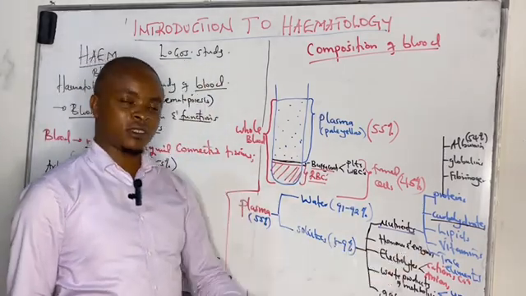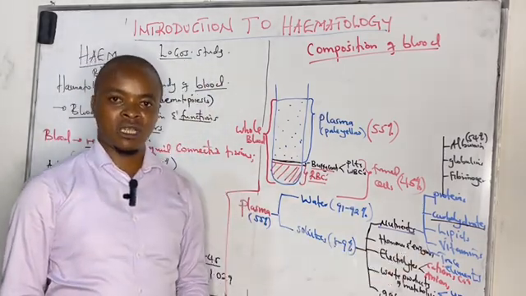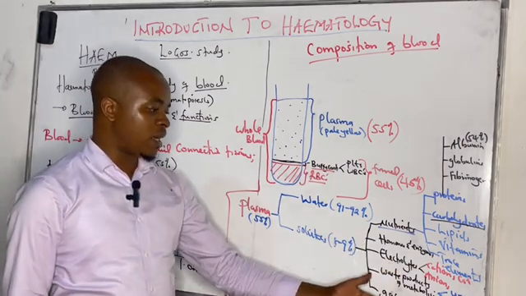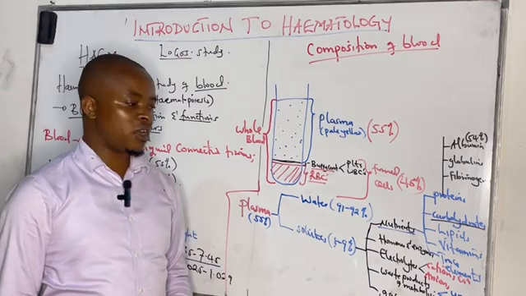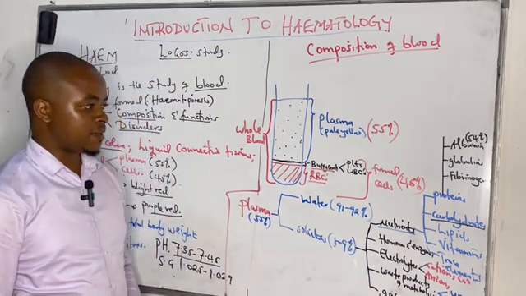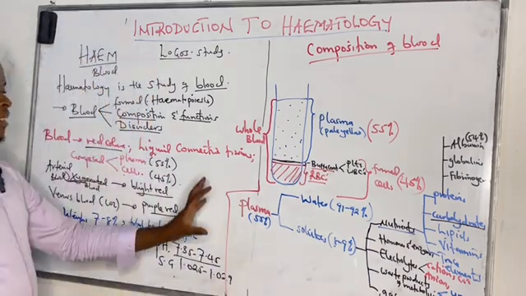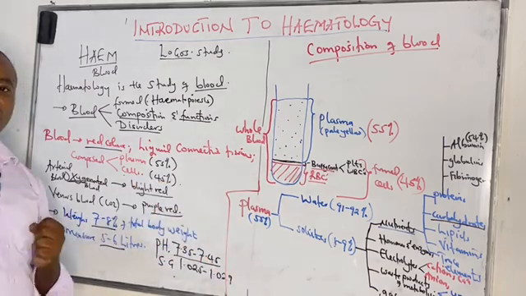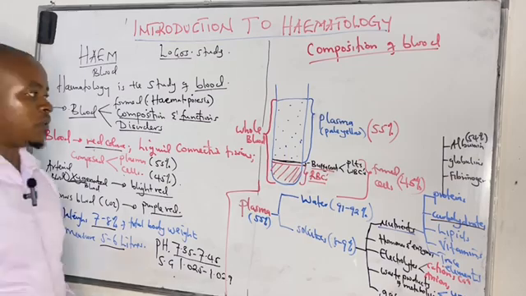Then enzymes, also some are transported in the blood. Then waste products of metabolism, and gases. So this is the composition. And we said that this plasma is straw-colored or pale yellow.